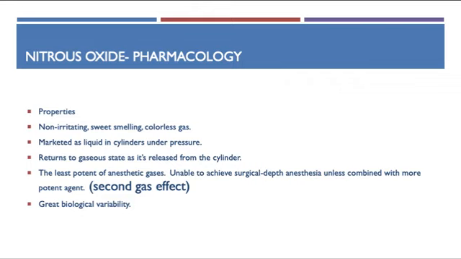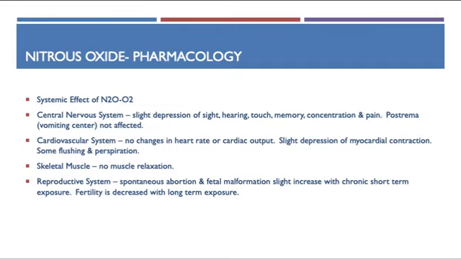Now, some of the systemic effects of nitrous oxide, for example, in the central nervous system, you can have a slight depression of sight, hearing, touch, memory, concentration, and pain.